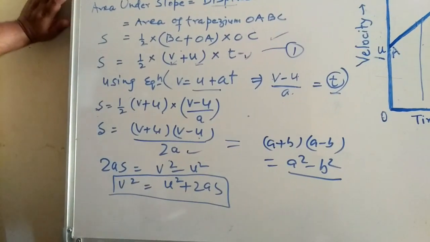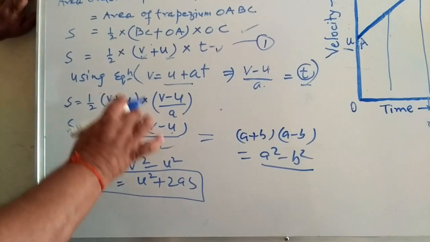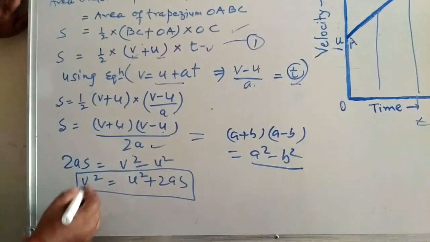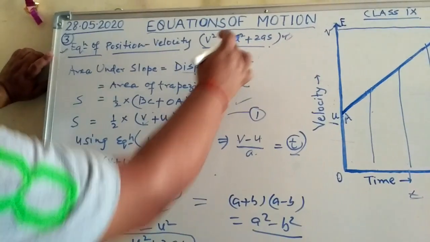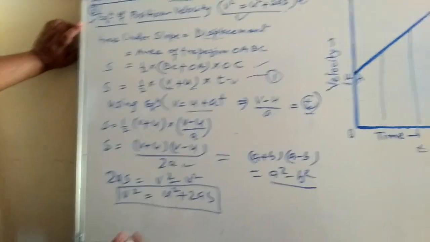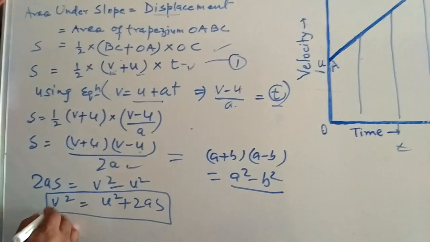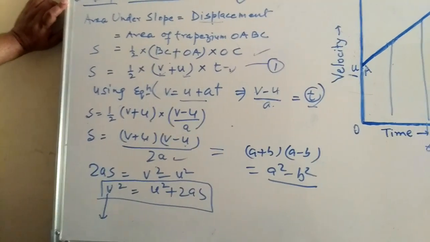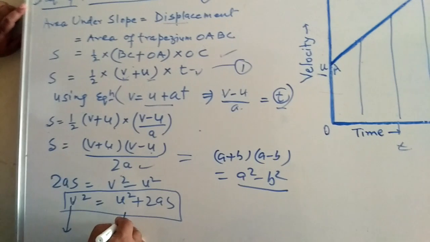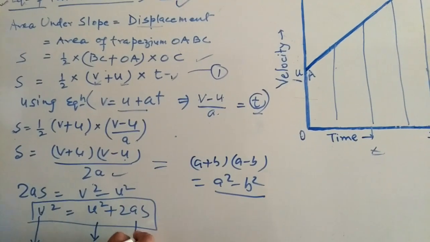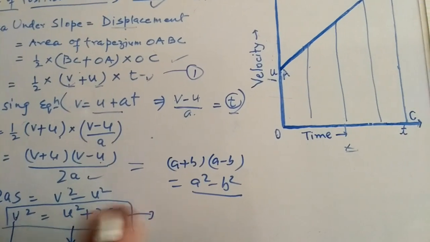Then we finally arrange the equation as V square is equal to U square plus 2AS, where V is the final velocity, U is the initial velocity, A is the acceleration, and S is the displacement.